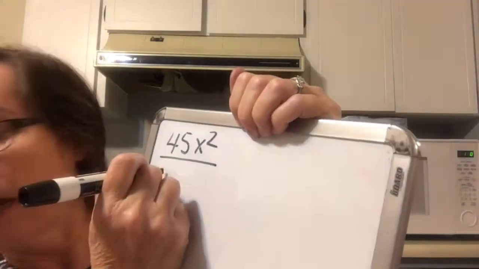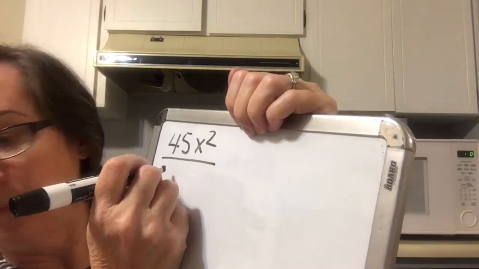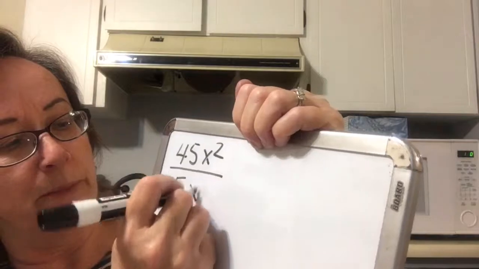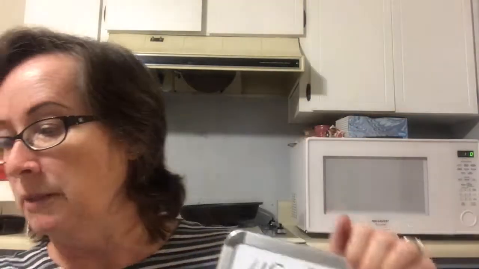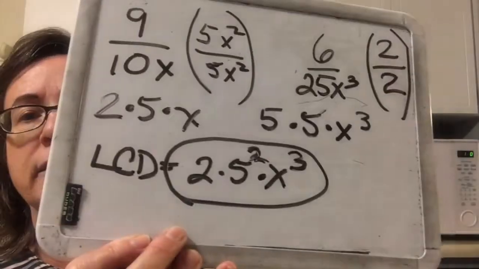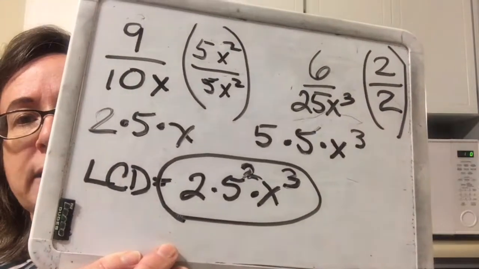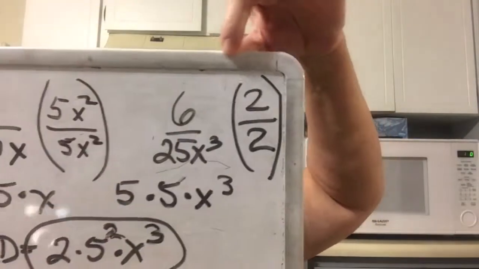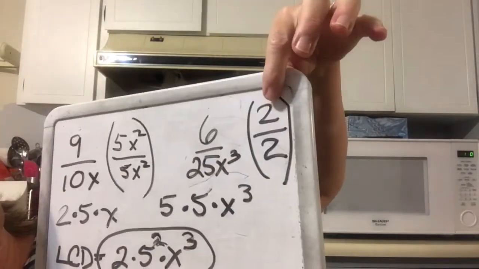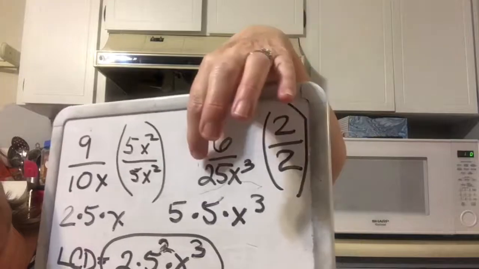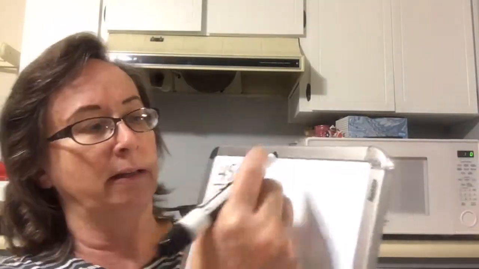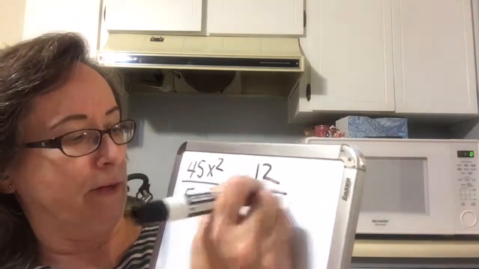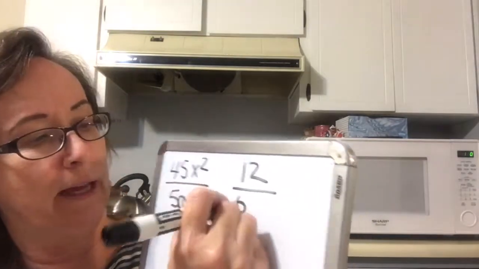So the least common denominator is going to be 50x cubed because that's what 2 times 5 squared times x cubed winds up being. So then the second part over here, when I multiply 6 times 2, I get a 12 over 50x cubed. So the second one is 12 over 50x cubed.